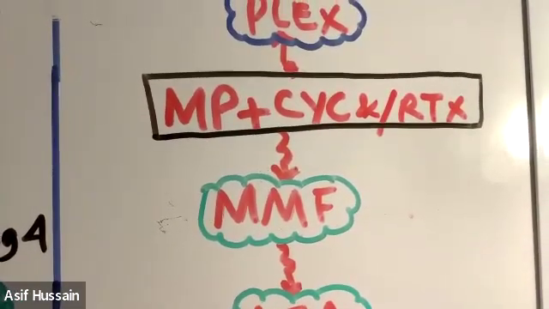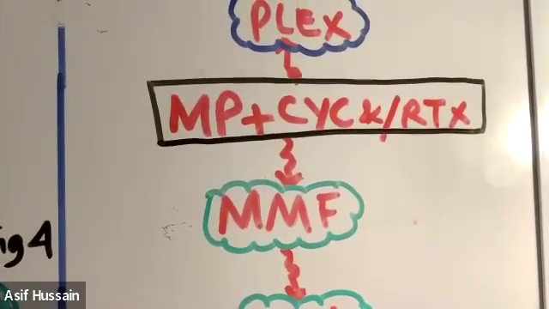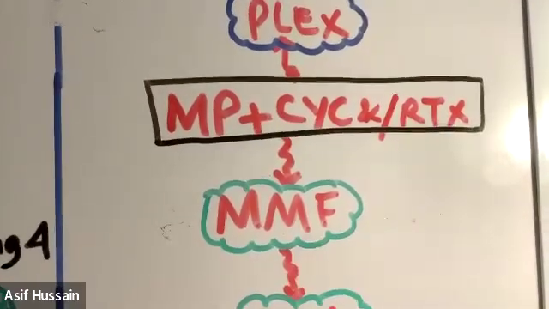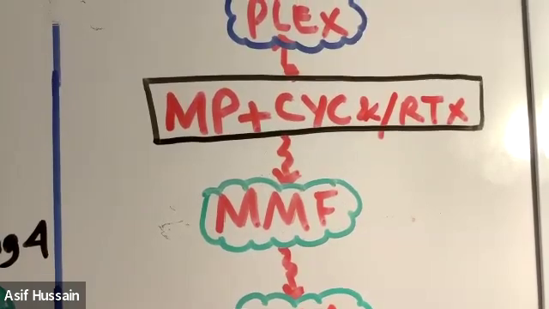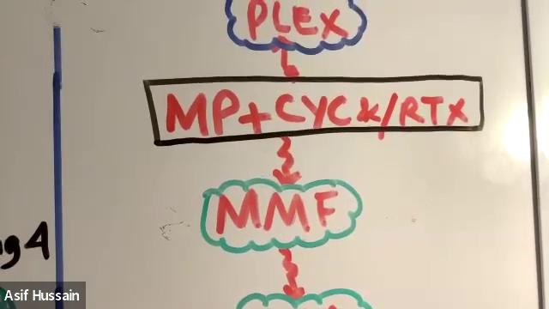So in those cases, when we want to preserve fertility when the patient is of reproductive age, or cyclophosphamide toxicity is a major concern, or the patient is very old and frail, or the disease is not imminently threatening the glomerular survival and the patient is not heading toward dialysis.